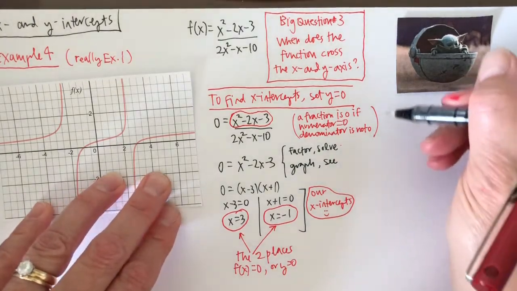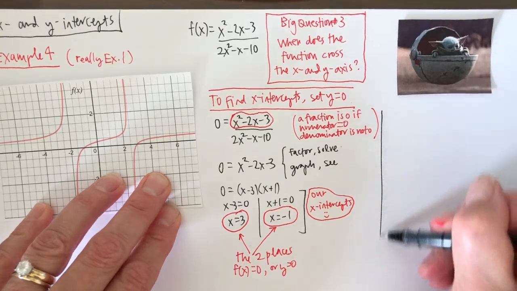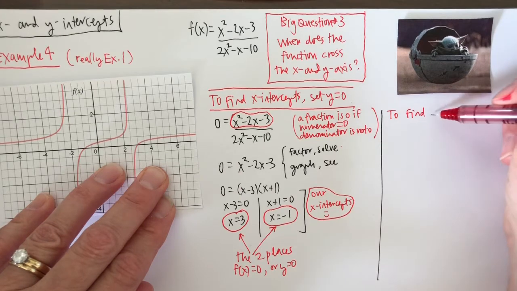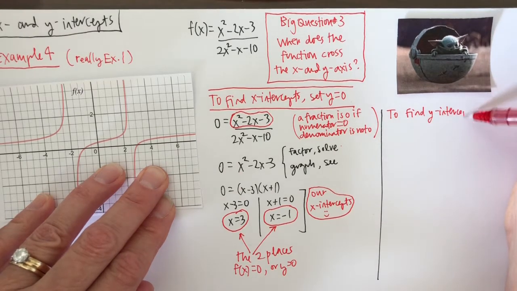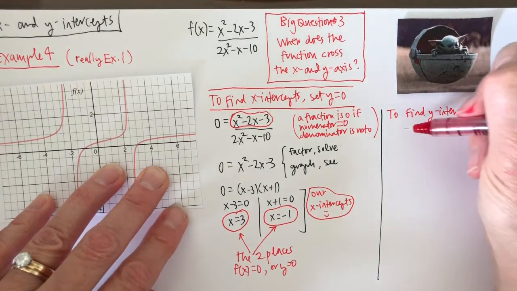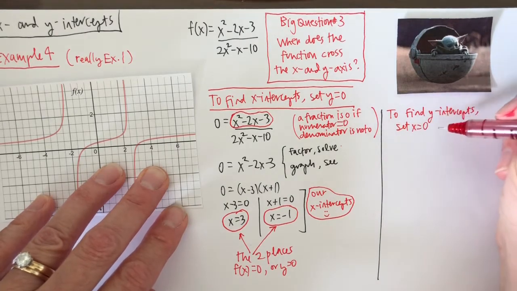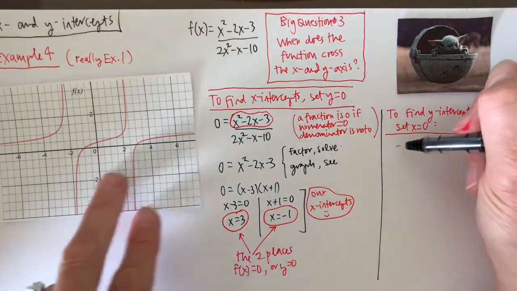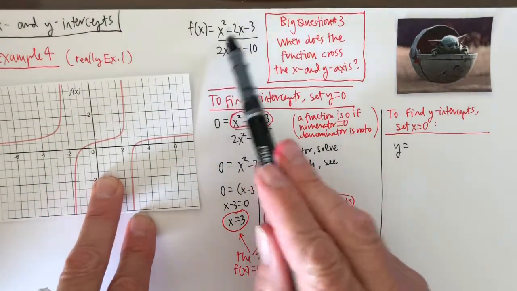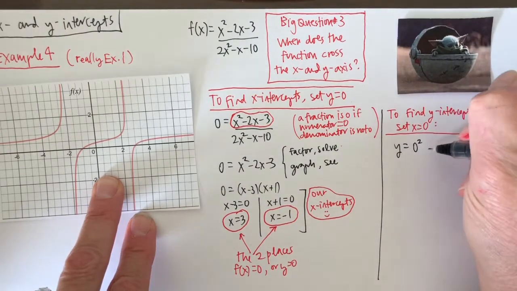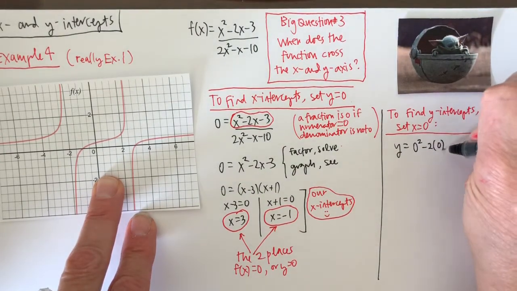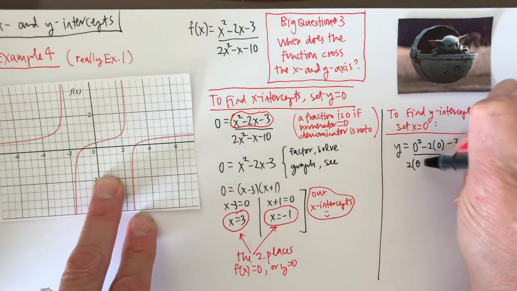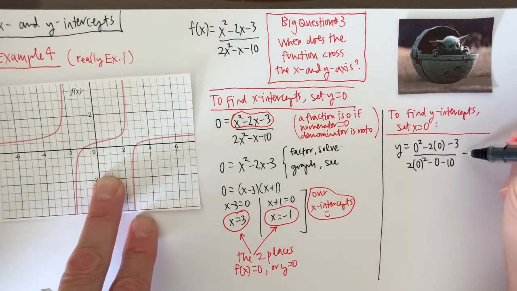Okay, next we have to find the y-intercepts. This is slightly easier. To find y-intercepts, we just set x equal to 0. So to find the y-intercepts, we just plug 0 in for x. 0 squared minus 2 times 0 minus 3 all over 2 times 0 squared minus 0 minus 10.